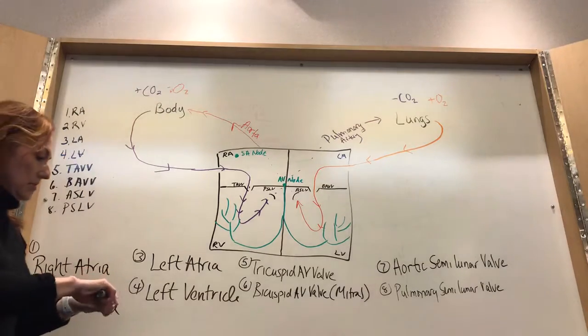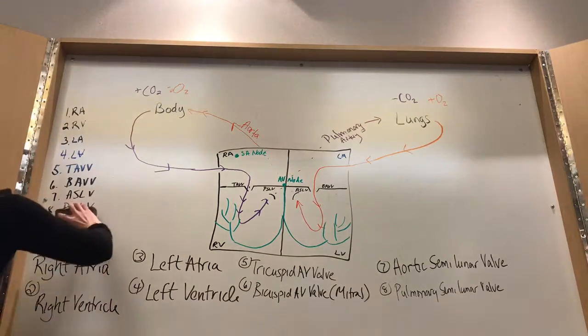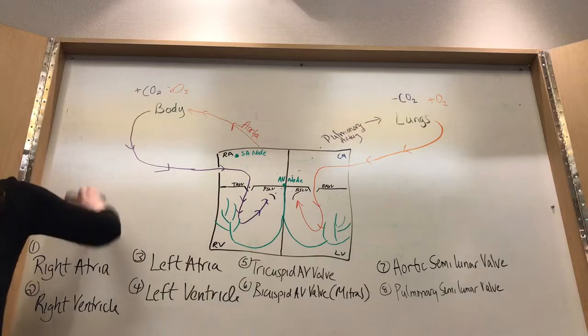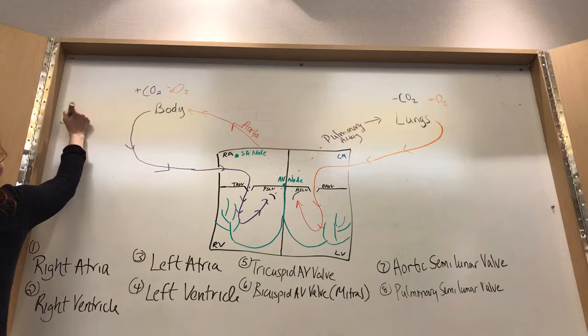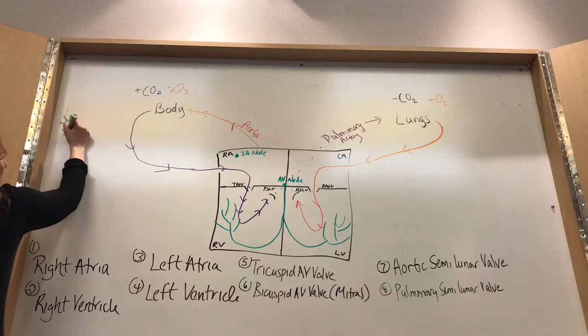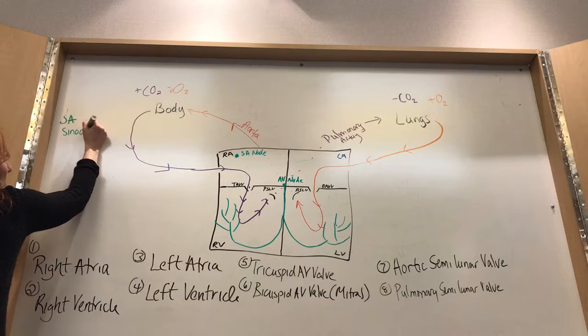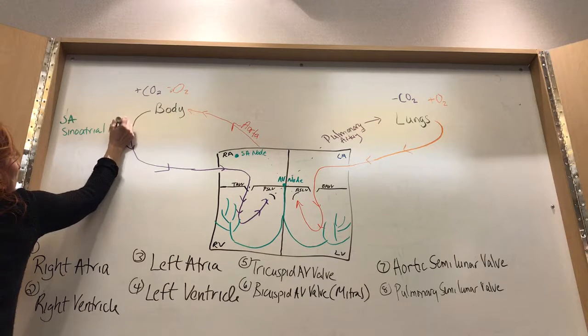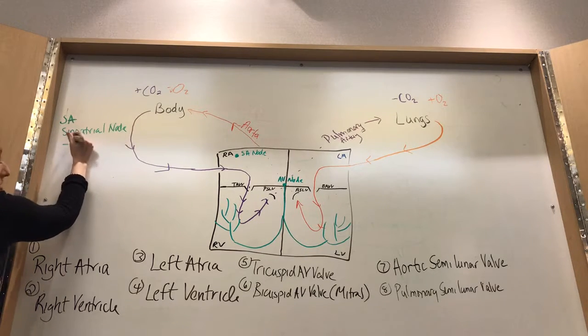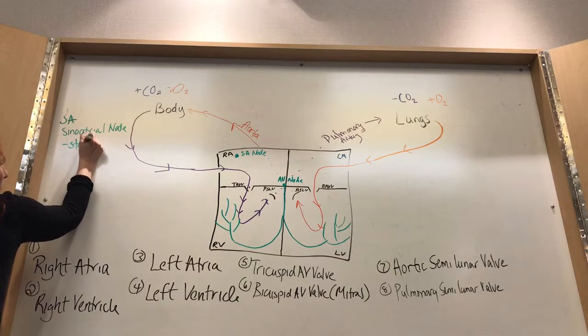Let's take this down now, and then I can put those labels up. So the SA node is the sinoatrial node. And this initiates or starts the heartbeat.